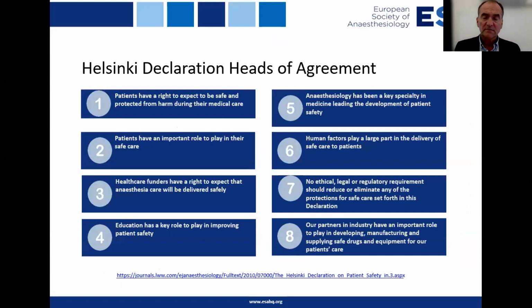And the 8 heads of agreement, as you can see, involve the patients and the relatives. It's about education. It's about human factors. And also, as it says, industry plays a role because in the design and interface of man-machine, it's possible to build in a lot of safety.